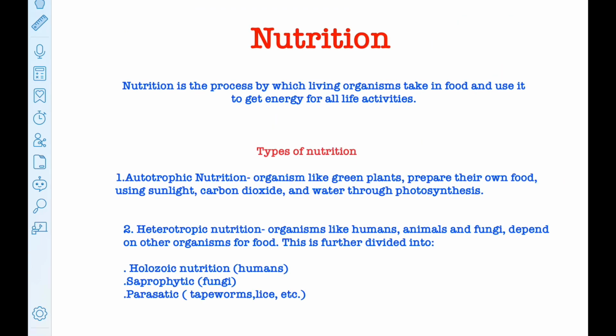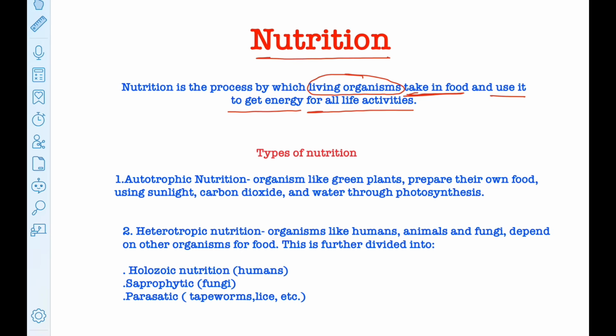Now let's discuss our first life process, that is nutrition. So what is nutrition? It is the process by which living organisms take in food and use it. Why use it? To get energy for all life activities. There are 2 types of nutrition.